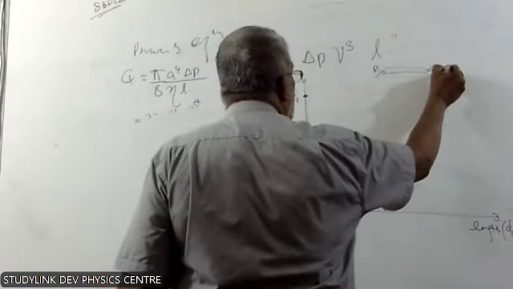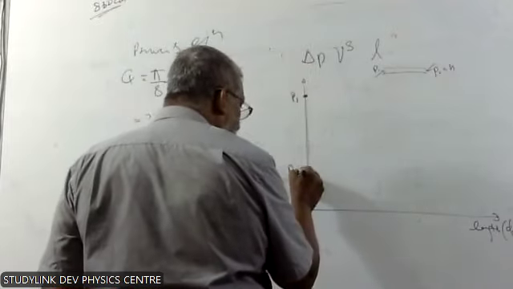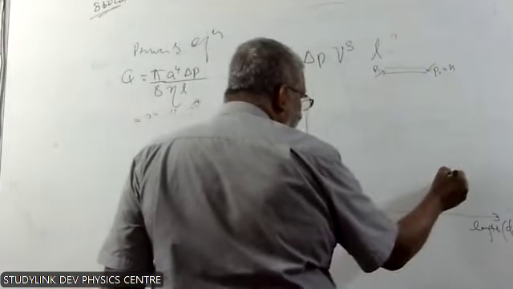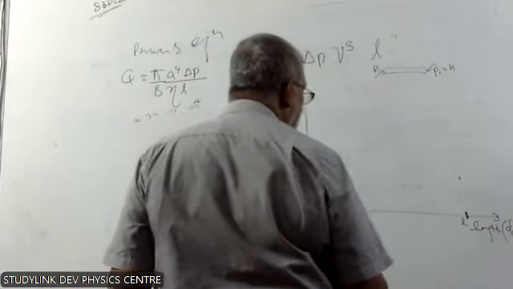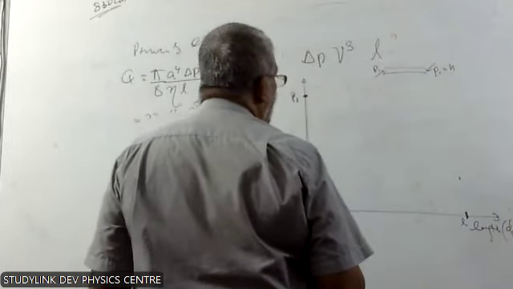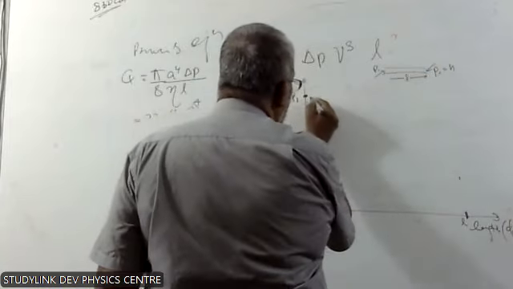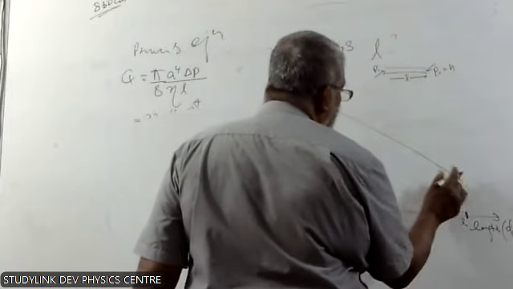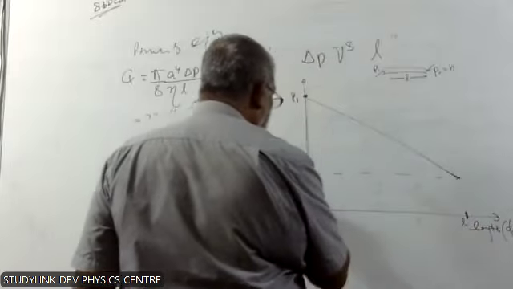The length of the pipe is L up to here. The pressure changes according to this straight line.